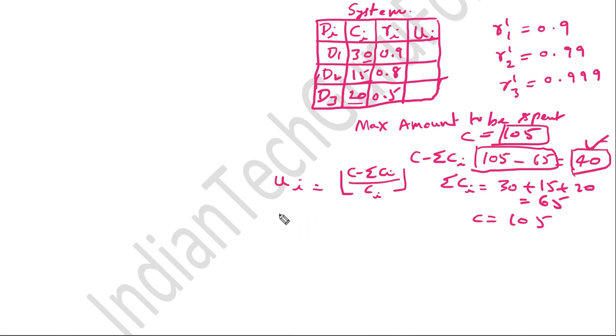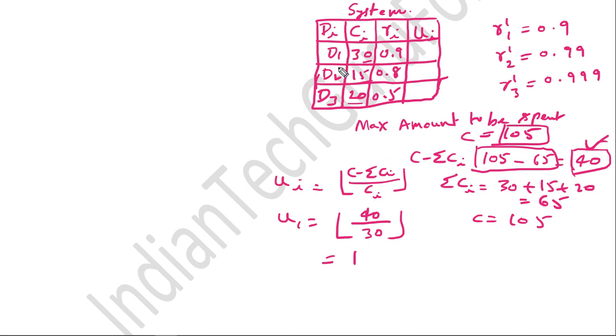So now let me calculate the U1 value. U1 is nothing but the lower bound of (C minus sigma Ci, that is 40) divided by Ci value. Here i is 1, so C1, the first device cost, is 30. That is equal to 1.